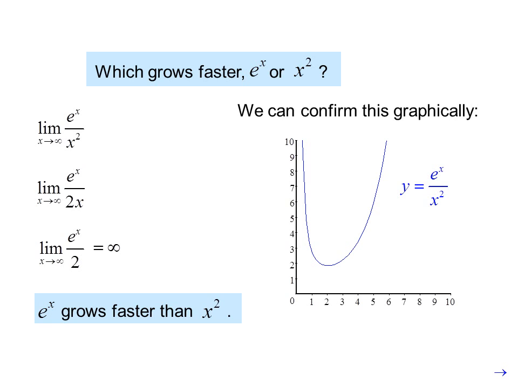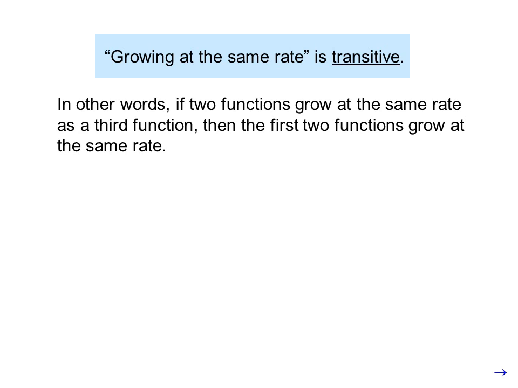There's the graph y equals e to the x over x squared. Growing at the same rate is transitive. In other words, if two functions grow at the same rate as a third function, then the first two functions grow at the same rate.